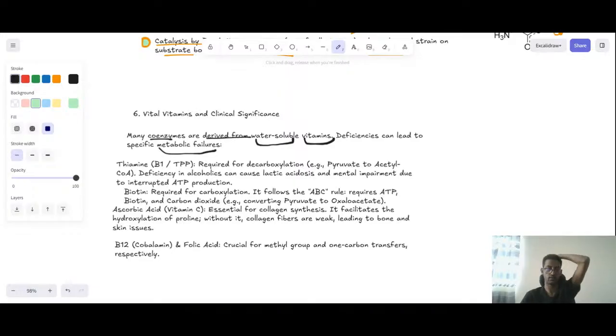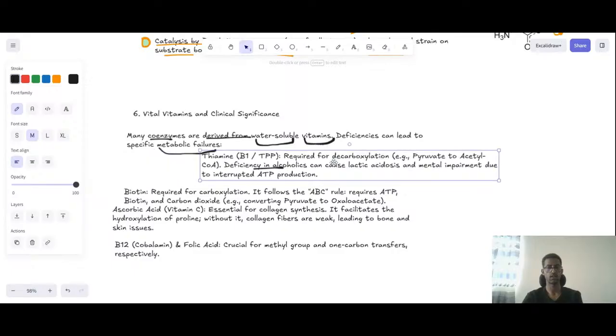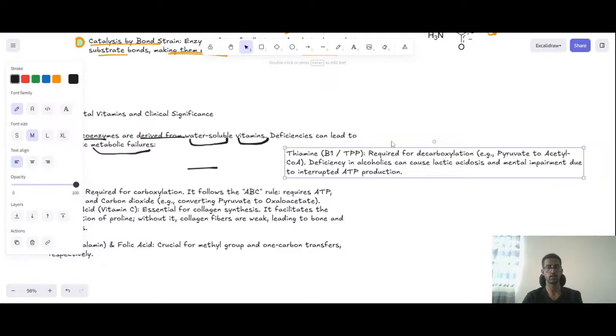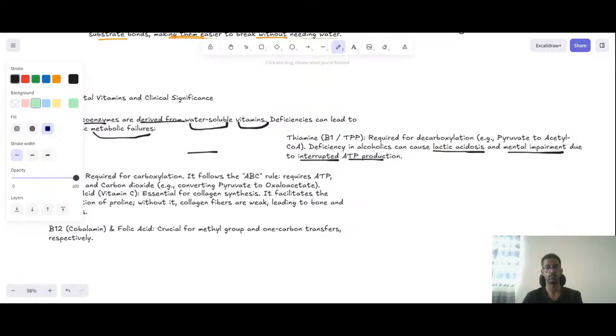Thiamine is required for decarboxylation, pyruvate to acetyl-CoA.